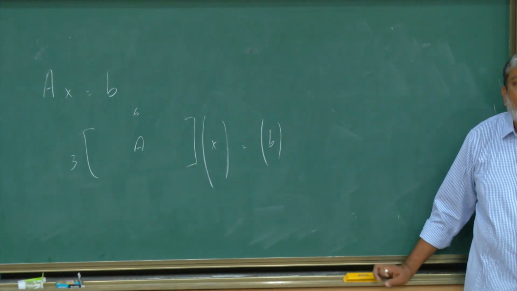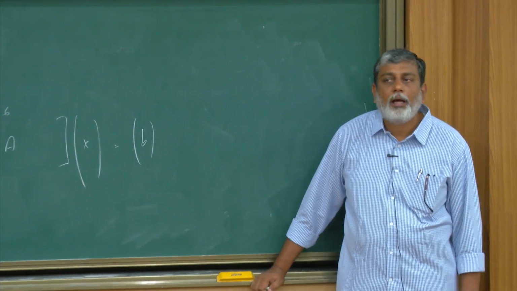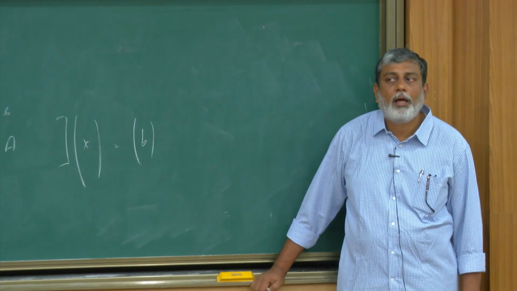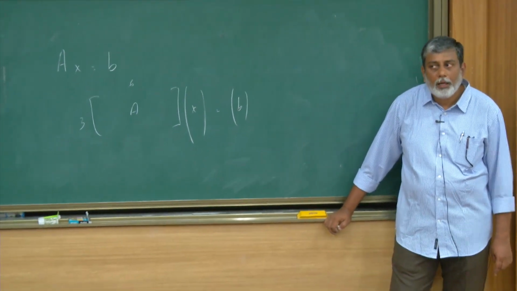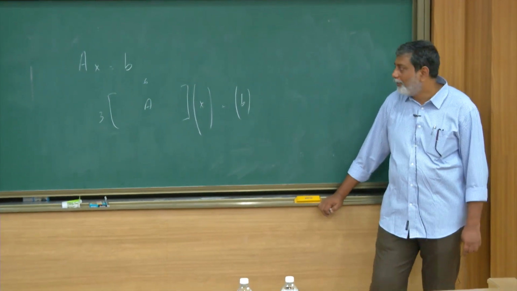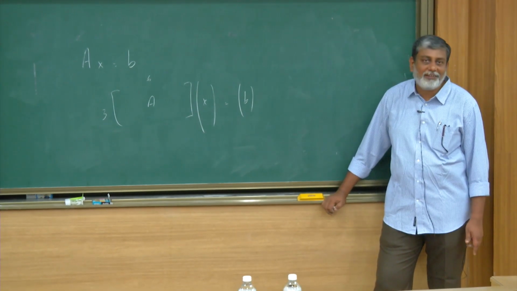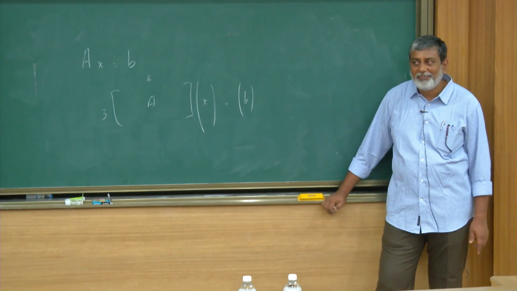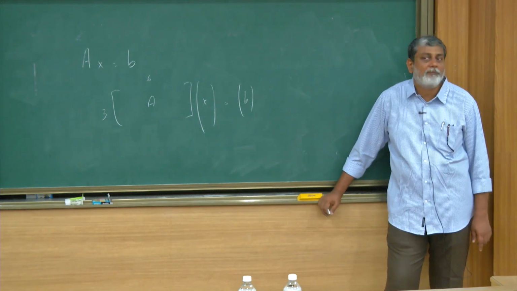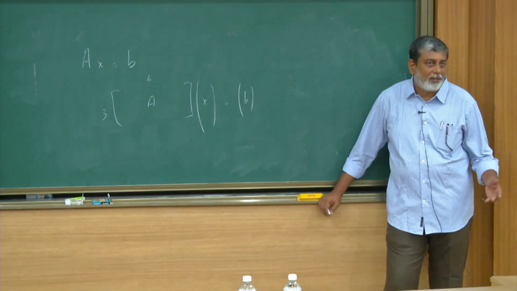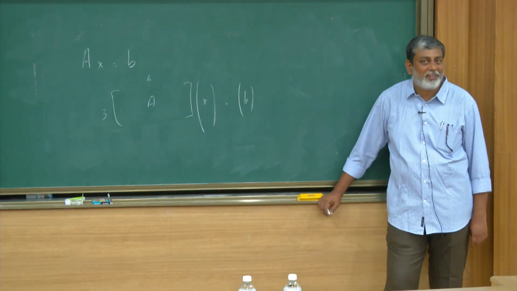In terms of rank, the rank of A and the rank of augmented A, A along with B, should be the same. Okay, that is correct, but what does that mean?